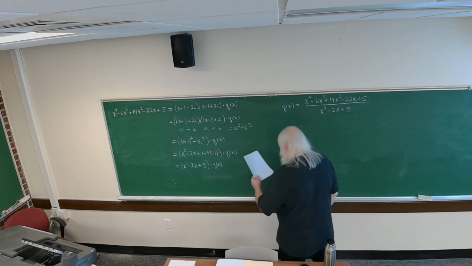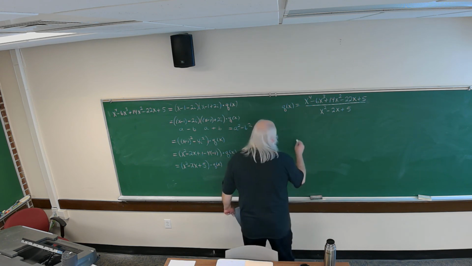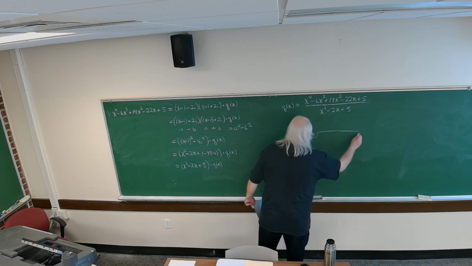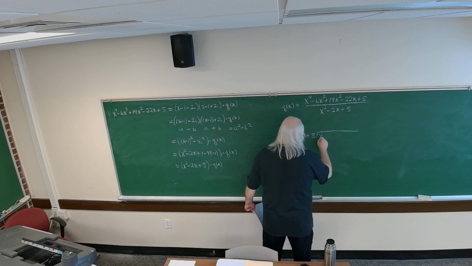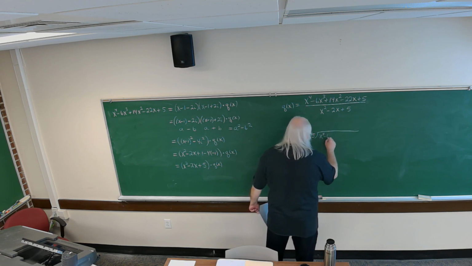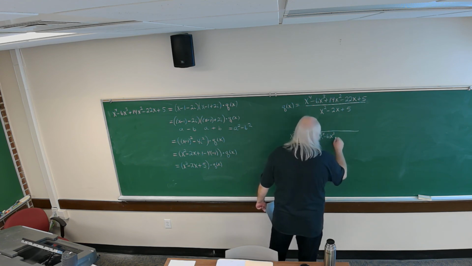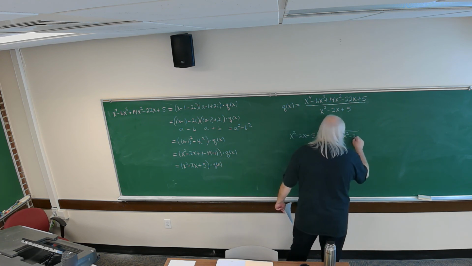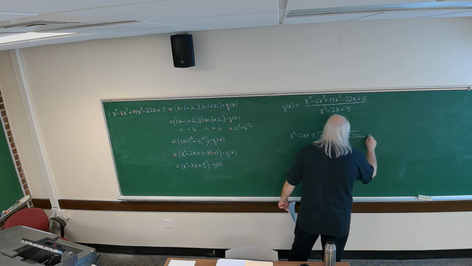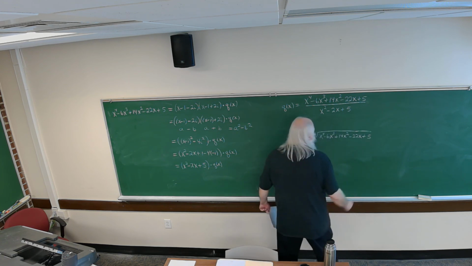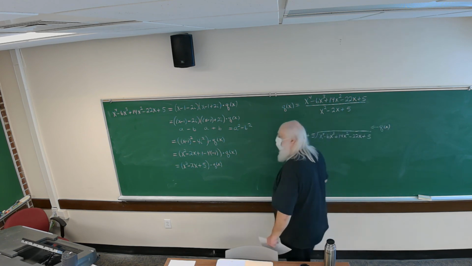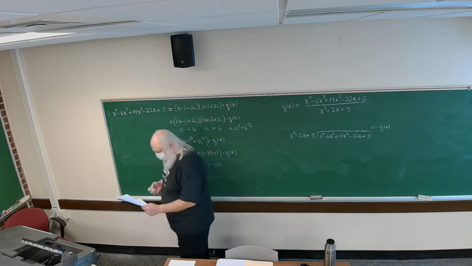So again, you got to do the long division. x squared minus 2x plus 5, you have to divide that into the fourth degree polynomial, x to the fourth minus 6x cubed plus 14x squared minus 22x plus 5. What's the quotient?